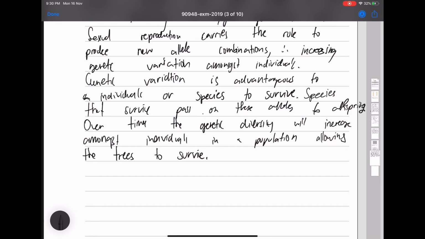If it was like an animal or a mammal, this will allow the mammal to keep reproducing and create offspring with the favorable allele, and that allele allows that offspring to survive, and pass those alleles on and on.